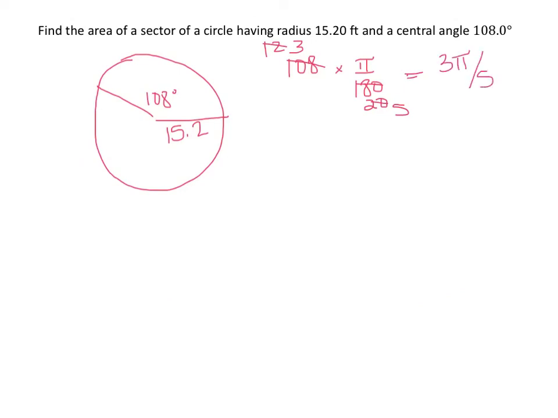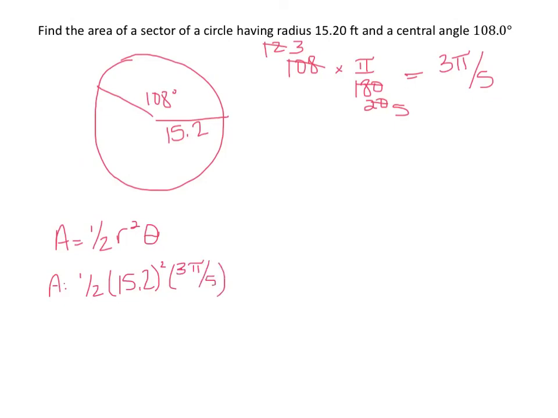So sector area is 1/2 r squared theta. So that's 15.2 squared times 3 pi over 5.